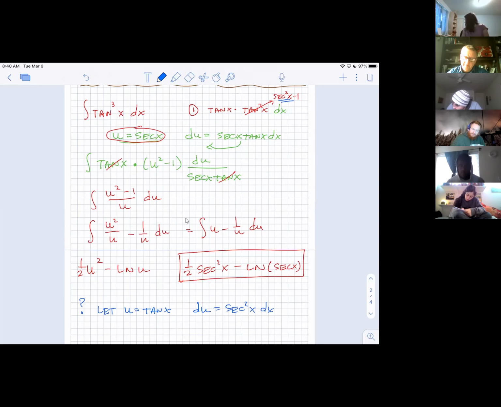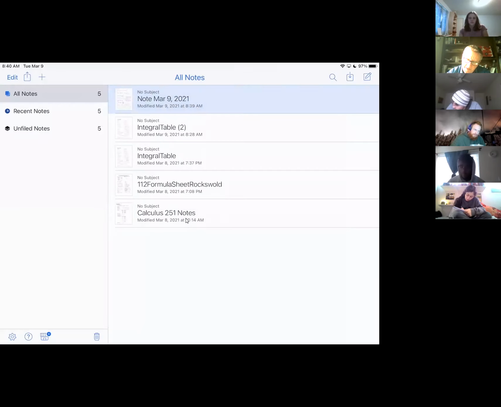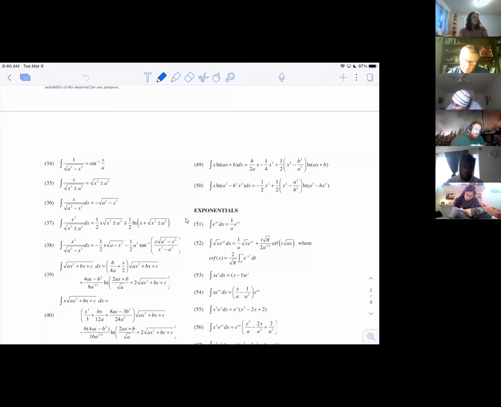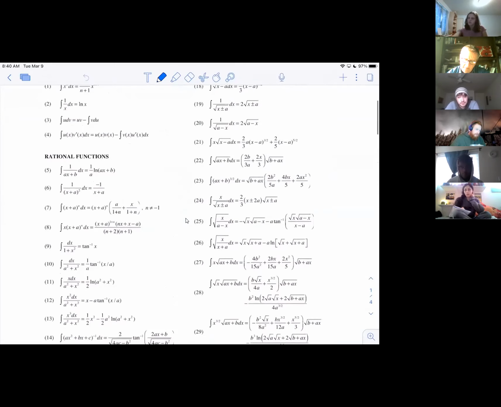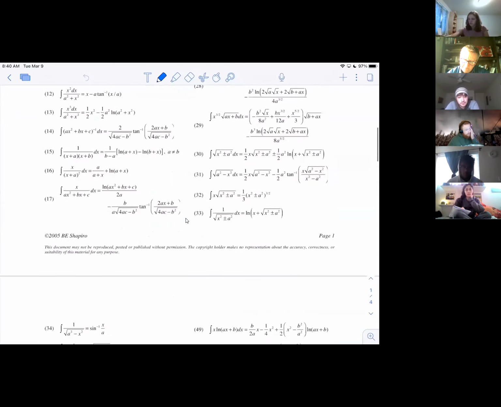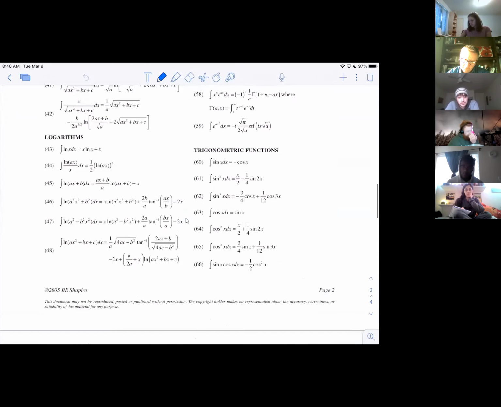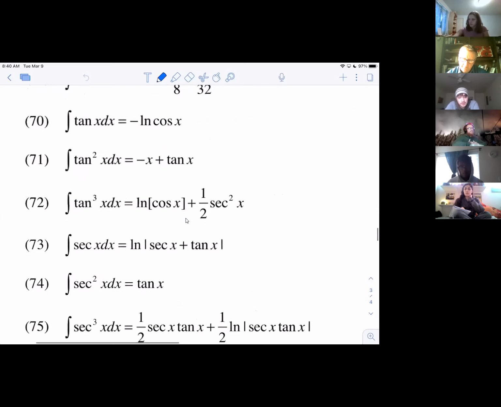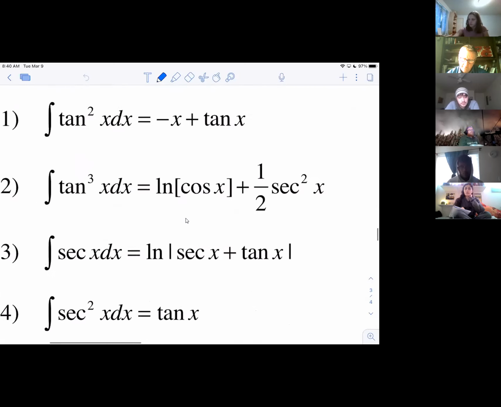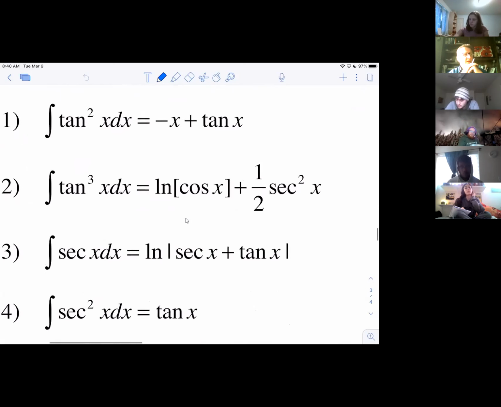I'm curious if the integral of tangent cubed is in the integral table. I think it is, and I want to look and see if we got it right. Did we get it right?